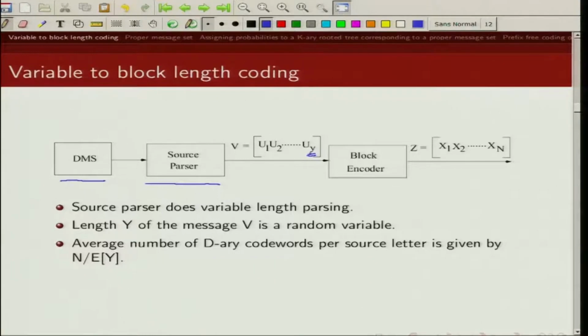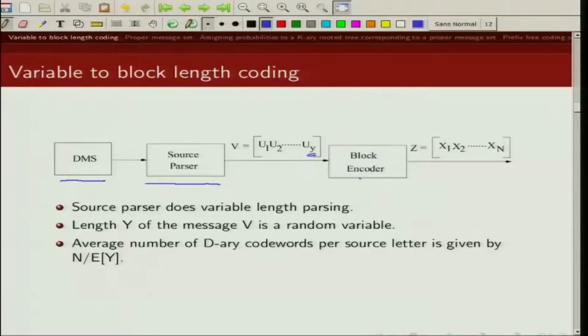So this Y is a random variable, and after you parse the source into blocks, the block encoder will map these blocks of data into code words of fixed length n. So n here is the output code word length, that's fixed. Input block size Y is variable.